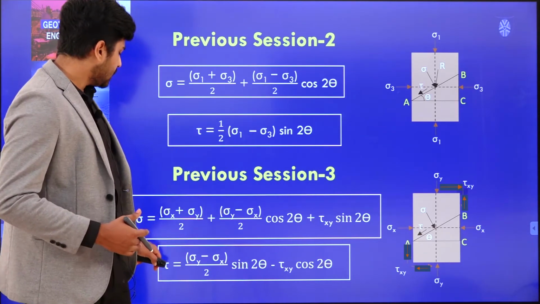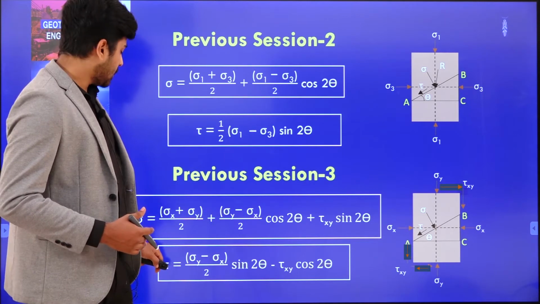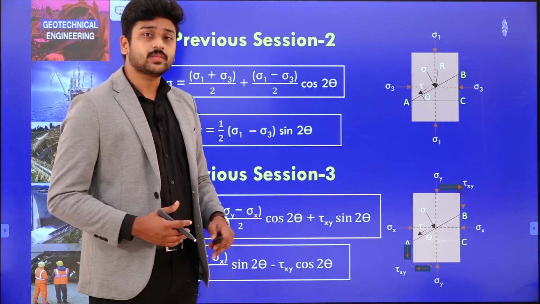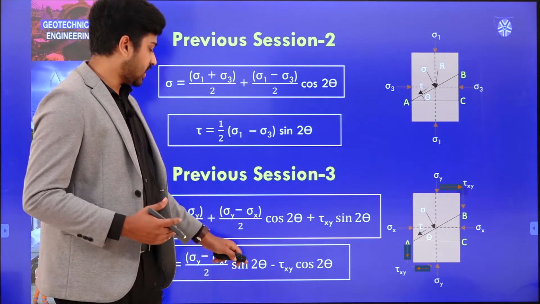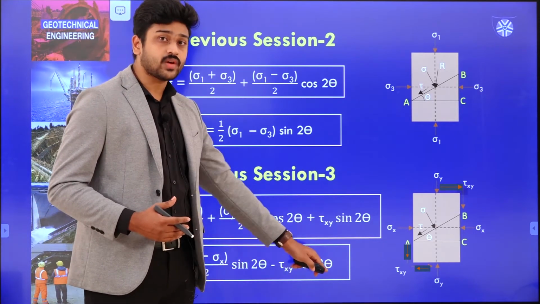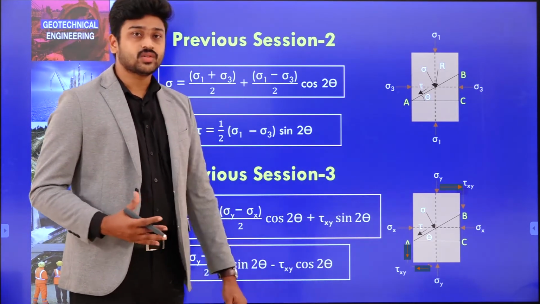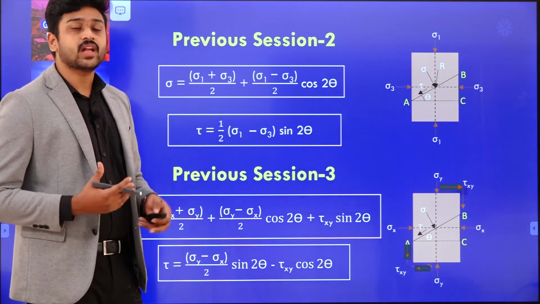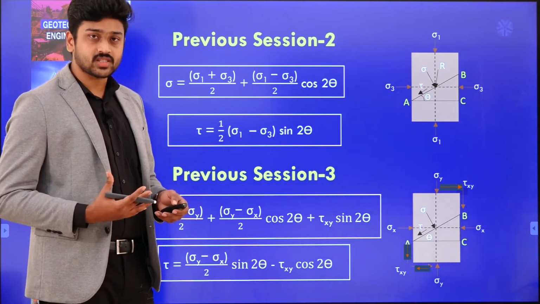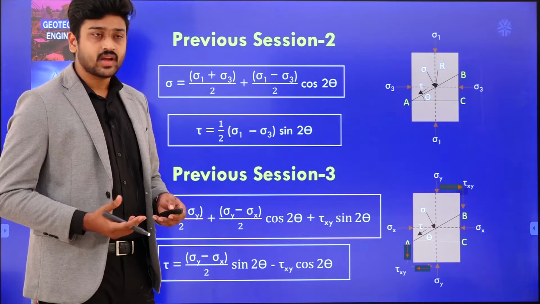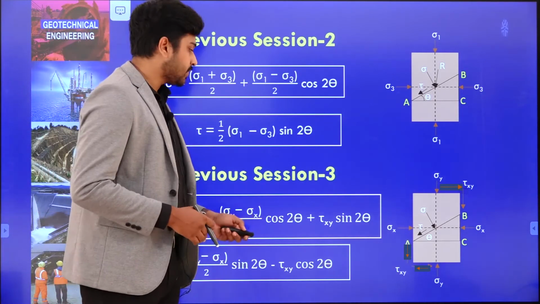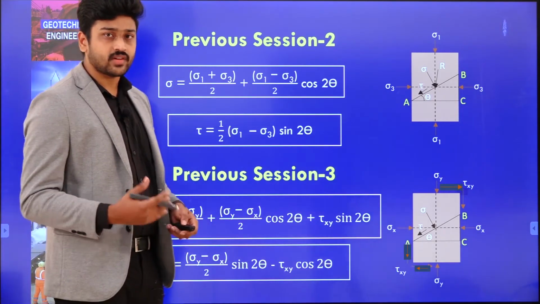Similarly, we obtained tau: tau is (sigma y minus sigma x) by 2 into sin 2 theta minus tau xy cos 2 theta. These expressions were obtained in our previous session based on the stress system diagrams we considered and the derivations we carried out. Just make a note of these for our further understanding.